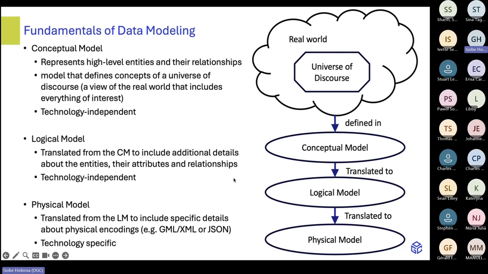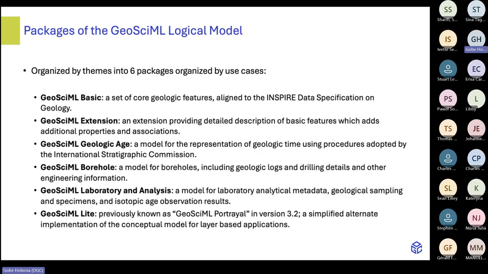These are pretty much the fundamentals that all the data models we work with tend to follow. Zeroing in on the GeoSciML logical model, going deeper into it, it's organized into six packages.